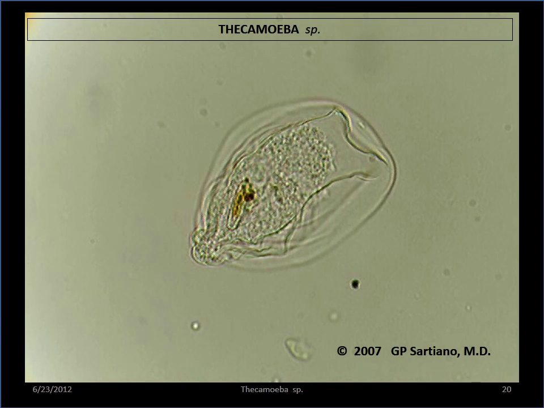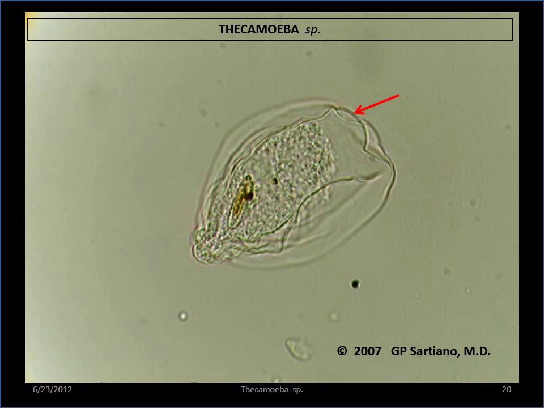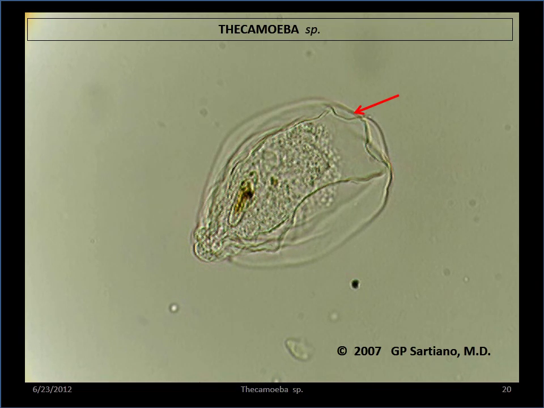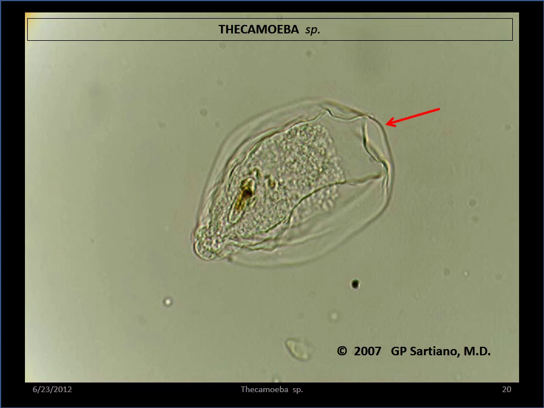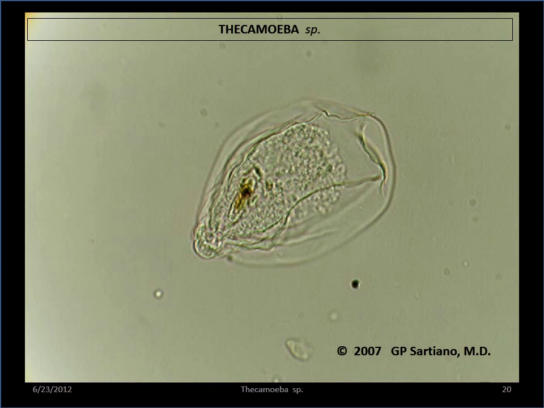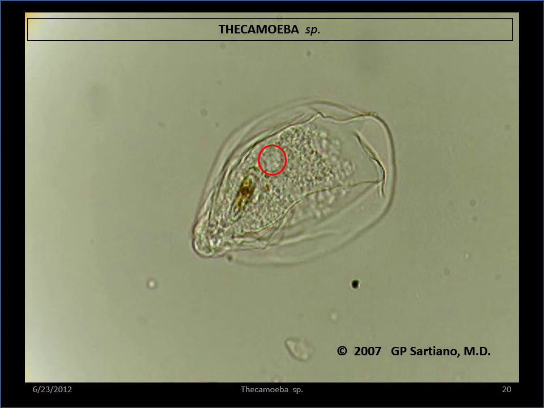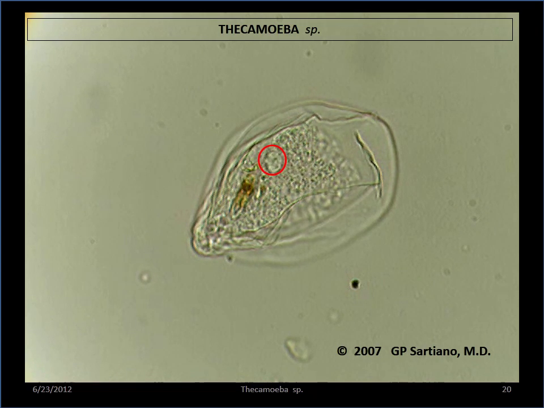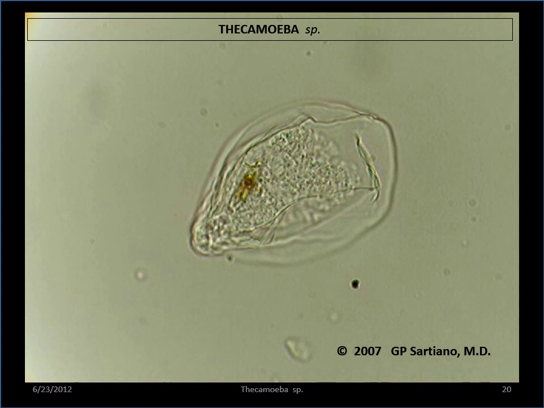Here are a couple of abruptly developing projected bulges of hyaline ectoplasm. The nucleus appears soft and pliable. It is tinted a very light blue-green.